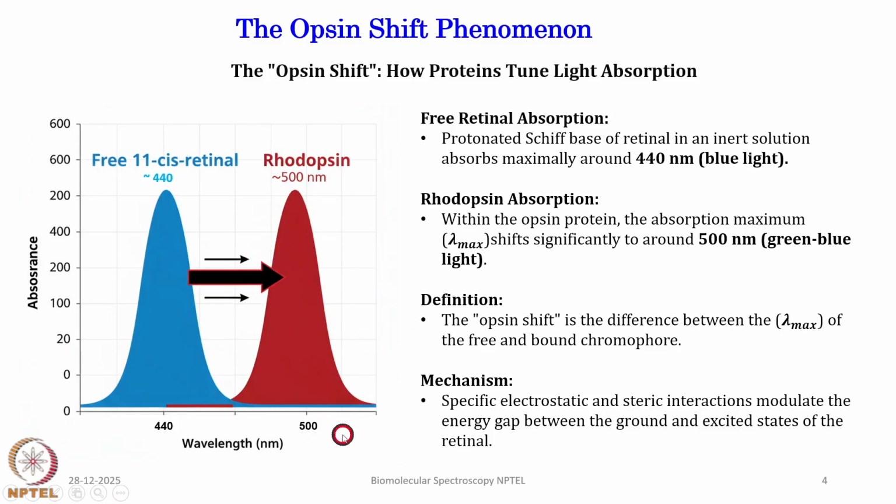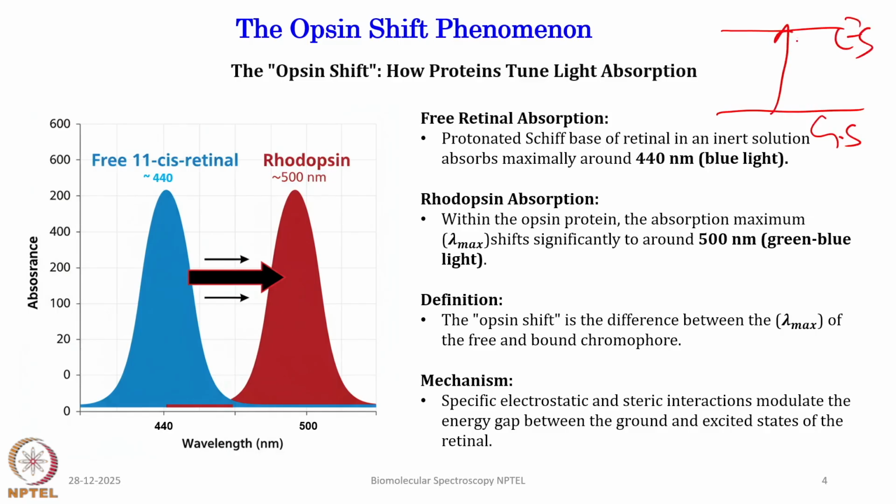So, the mechanism is that specific electrostatic and steric interactions modulate the energy gap between the ground state and excited state of retinal, and that is how the absorption shifts. If you remember the basic concepts we have seen, this is our absorption, right. This is the ground state, this is the excited state.